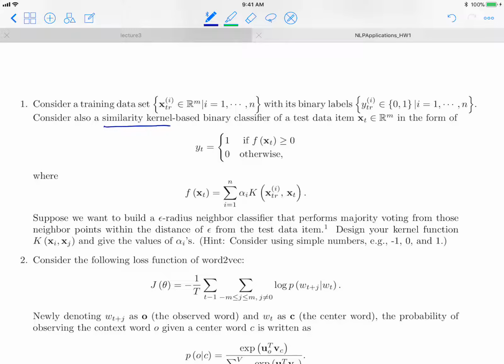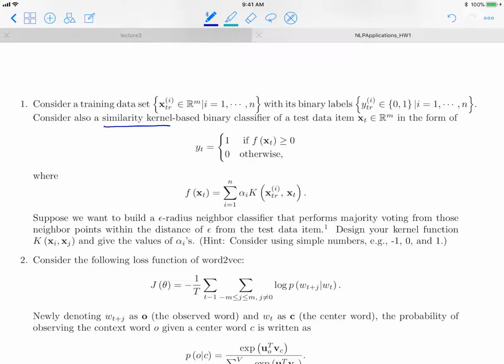Many of you gave a correct answer, but some students gave up, and some thought about it too seriously, in a complicated manner, by trying to define some Gaussian or radial basis kernel.